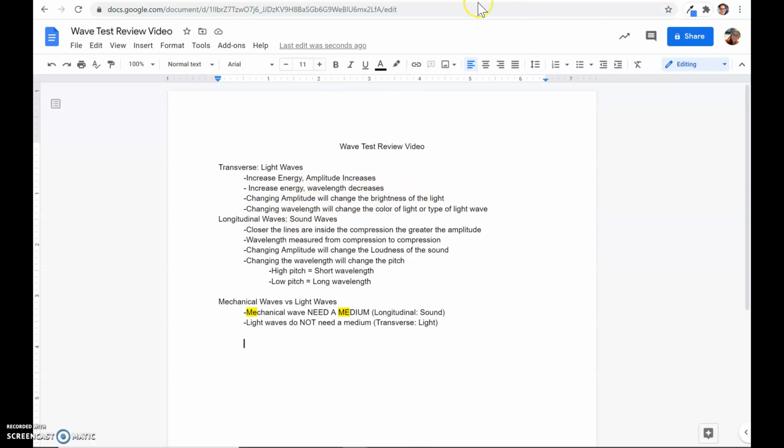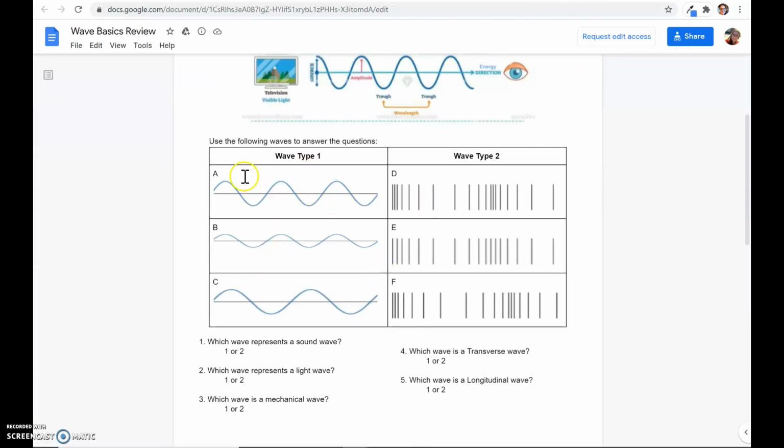If we look at these light waves, looking between A and B, which one is going to be a brighter light? A is going to be the brighter light because it has a taller amplitude. Then looking between A and C, which one is more likely to be a red color?